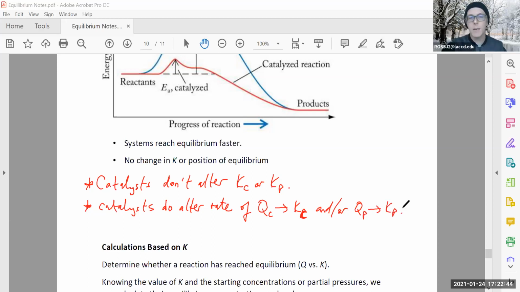So it's the rate of attainment. That's what a catalyst does.